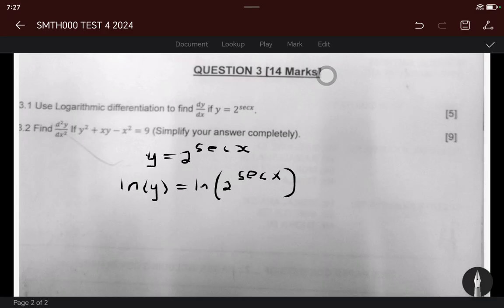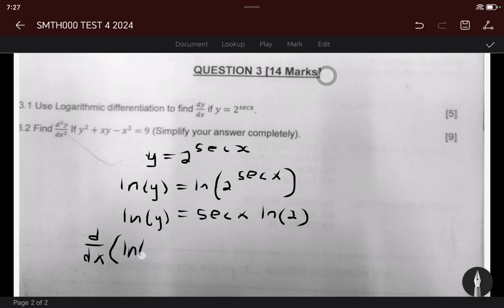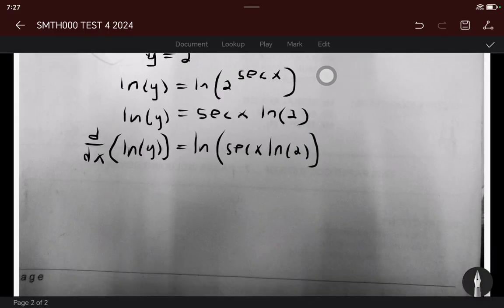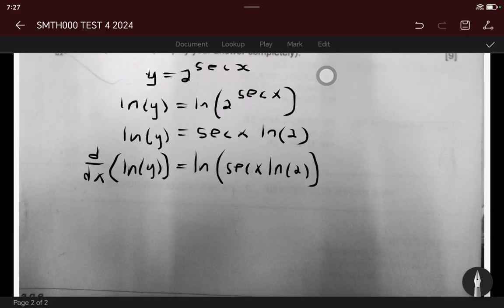So after introducing this, we can now drop the sec x. Then we have ln y equals sec x ln 2. Then I just introduce d over dx both sides. This is like 5 marks, so those are like 3 marks. But if we check this, this side, it's always the case, will just be 1 over y times dy over dx.